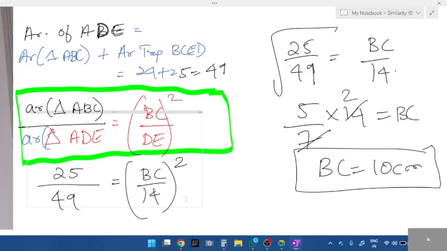So this time both the areas were not given. One area, one trapezium was given. Add it together. Okay, 13th question, add together.